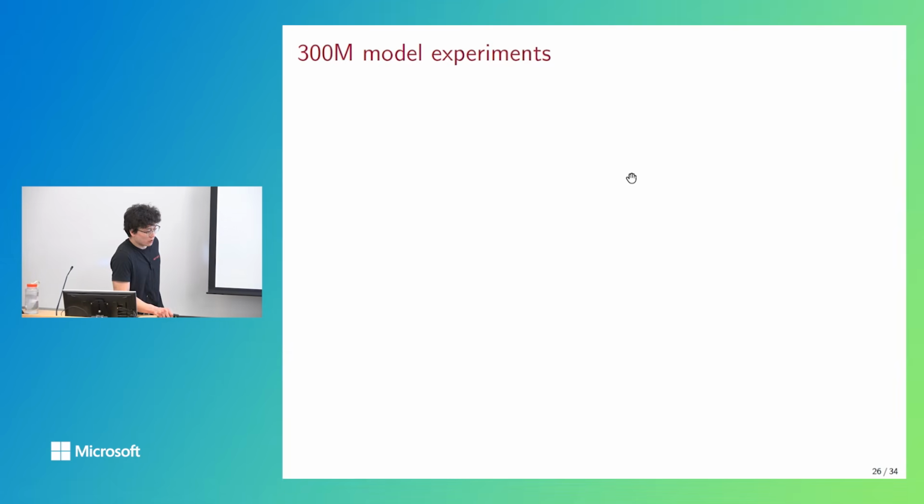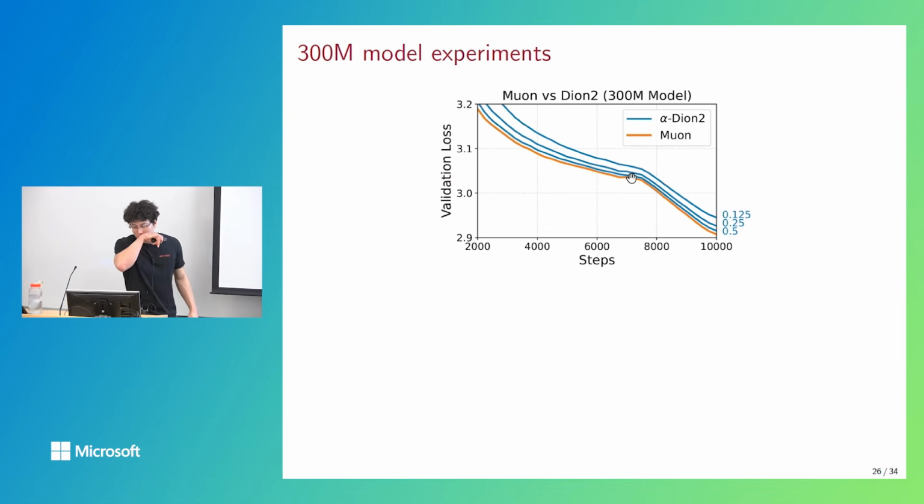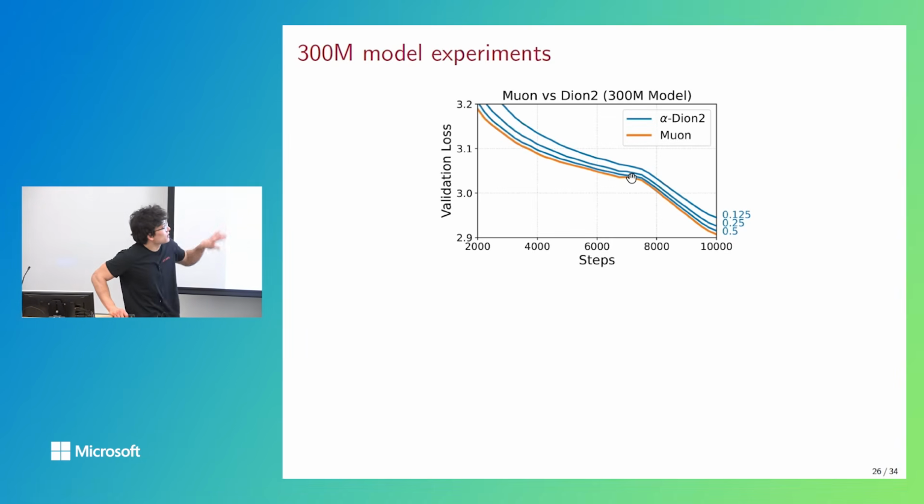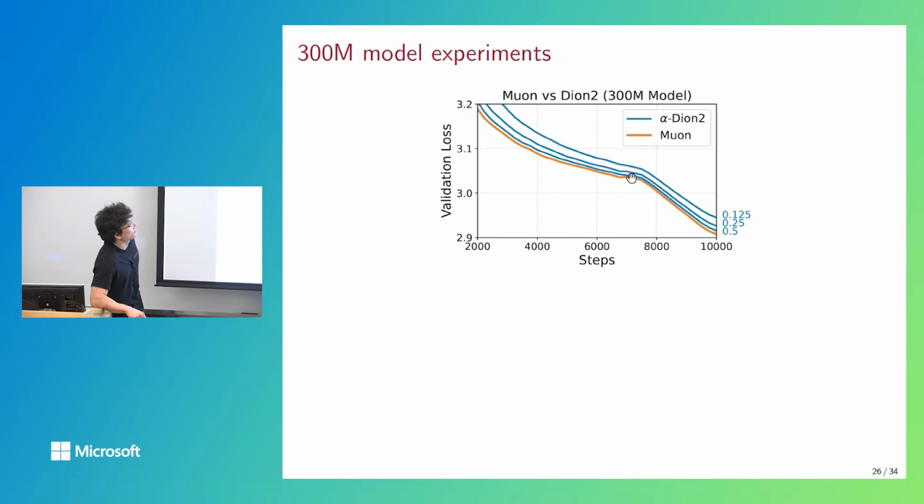So let me quickly show you some experiments with Dion 2. First of all, for a 300 million parameter model, I'm showing you the training runs and comparing with mu1 across various alpha fractions of Dion 2. You see this trend where, as you decrease the fraction, Dion 2 becomes weaker and weaker.